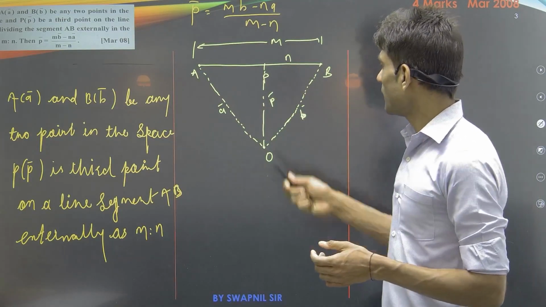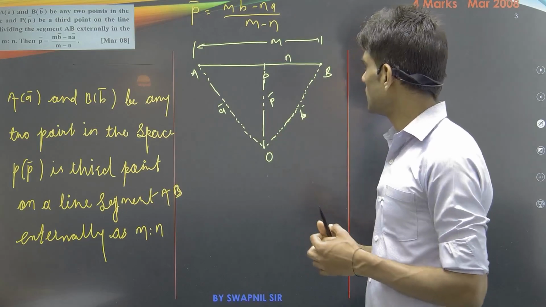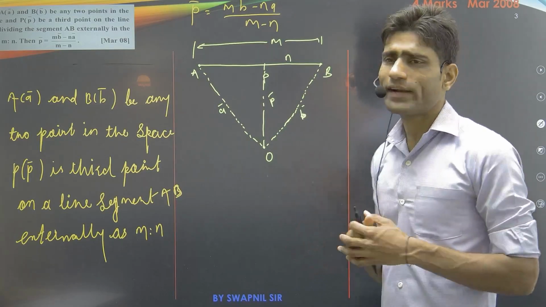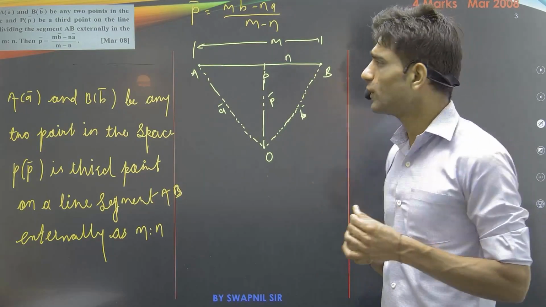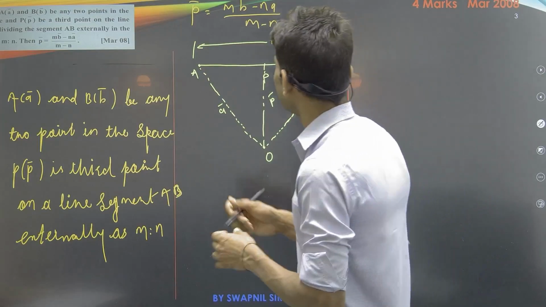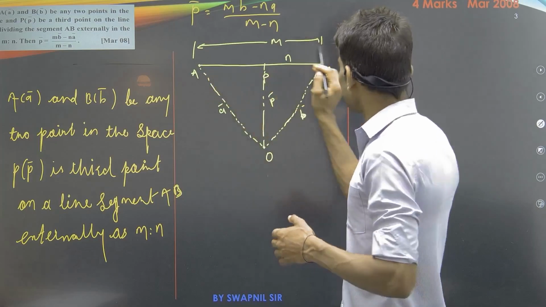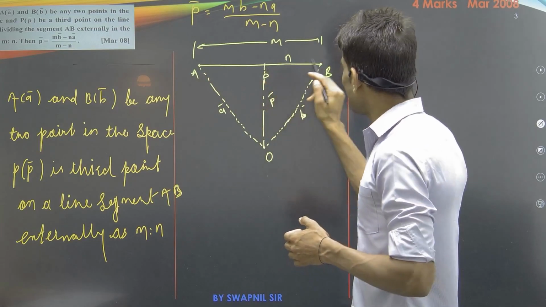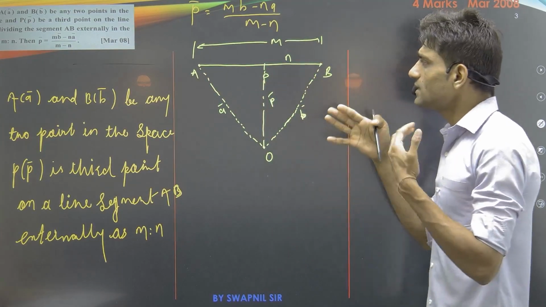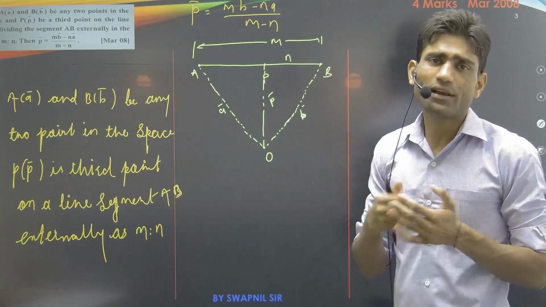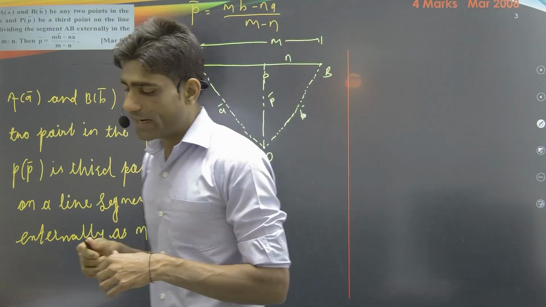Now what we do is apply the triangle law for vector addition. First of all, take the ratios for their sides. Now how can we take the ratios for their sides? We can see that segment AP divided by segment PB can be written as m divided by n, as the ratio for their sides.